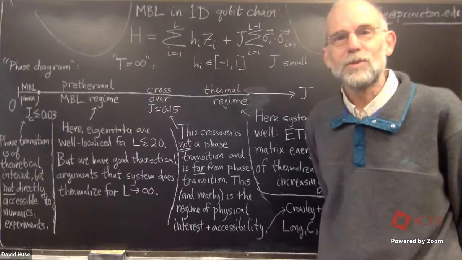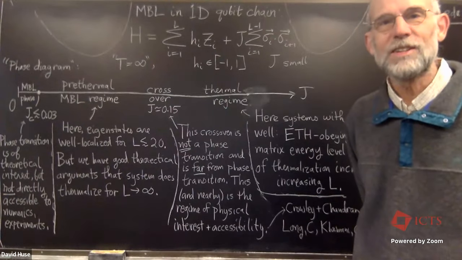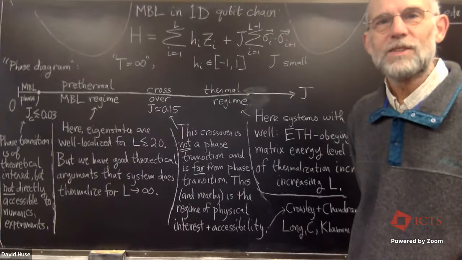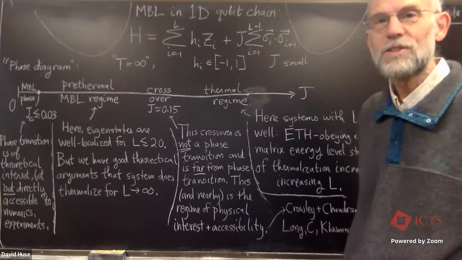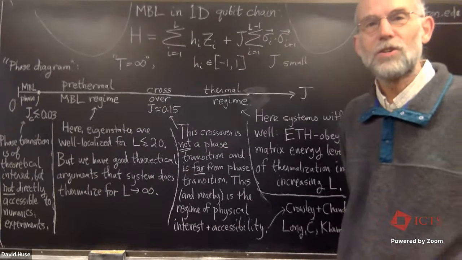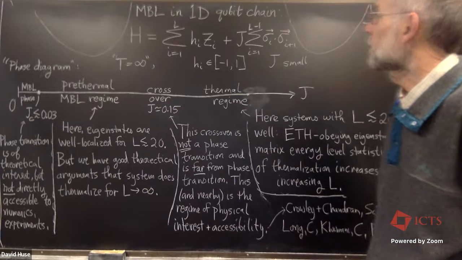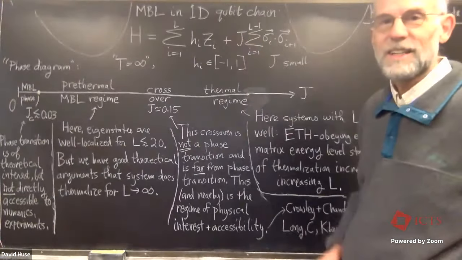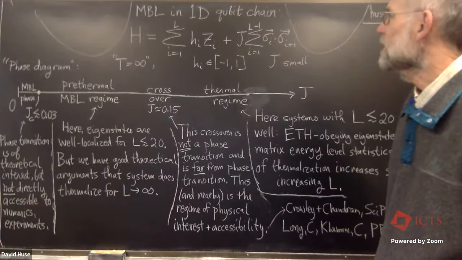So where I stopped yesterday, I was just getting started on discussing many-body localization in one dimension with short-range interactions. So just to keep things concrete and familiar, I'm going to work with the much-studied random field Heisenberg chain.